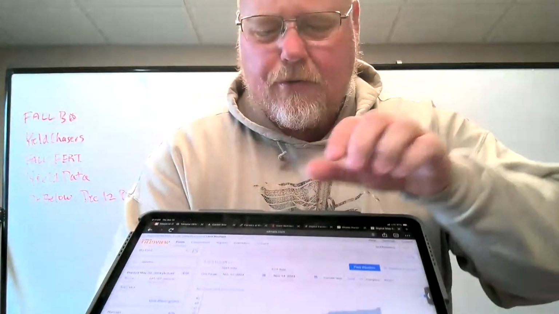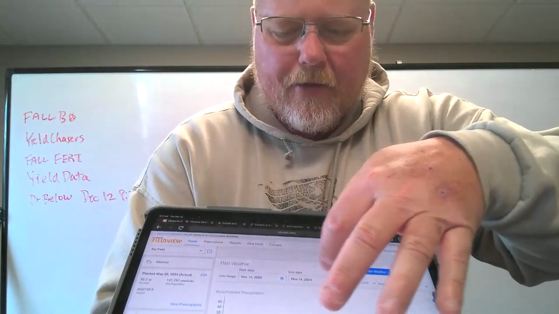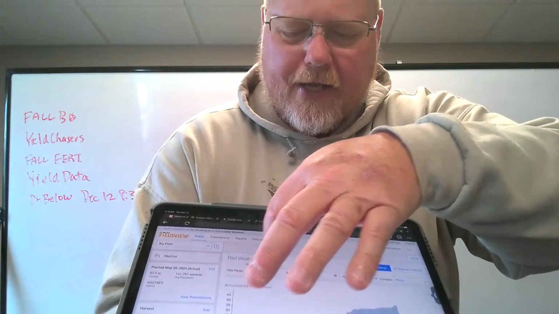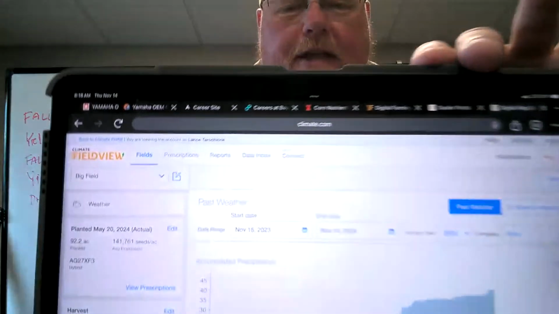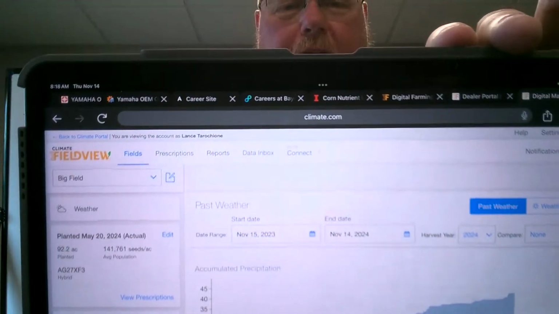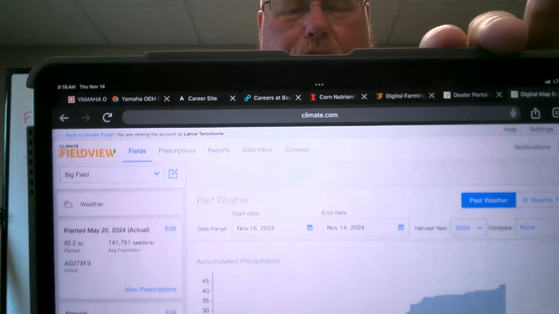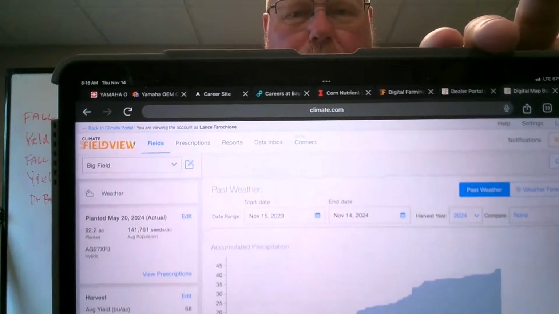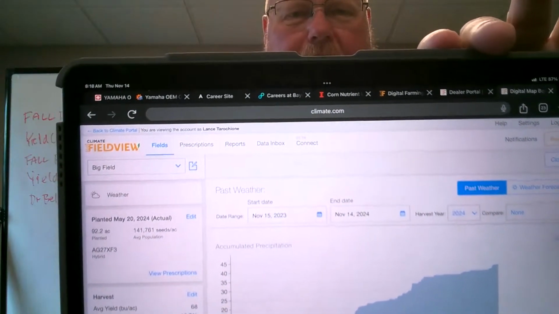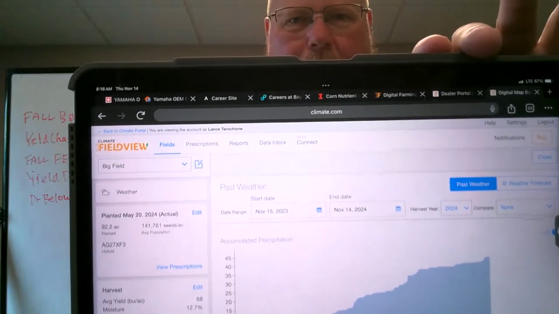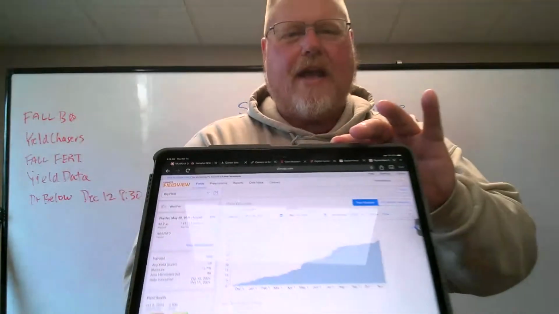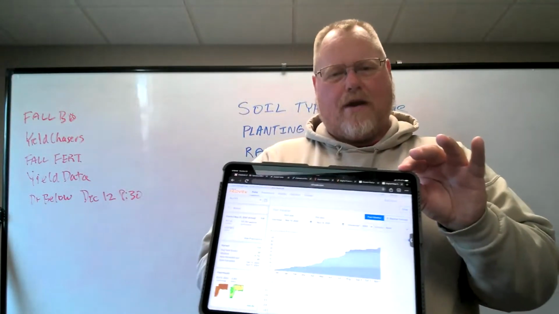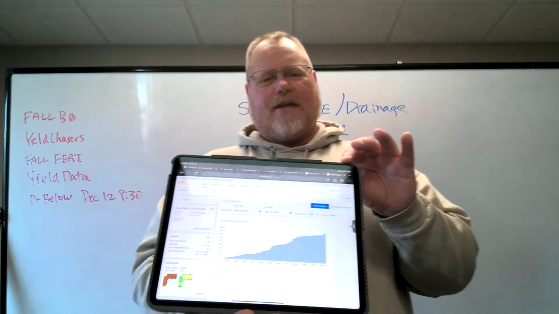And there's these two date boxes up here that are start date and end date. You can put any date you want in the start date, and you can put any date you want in the end date up to yesterday. You can't get the future rainfall out of this. You can only get what's in there.